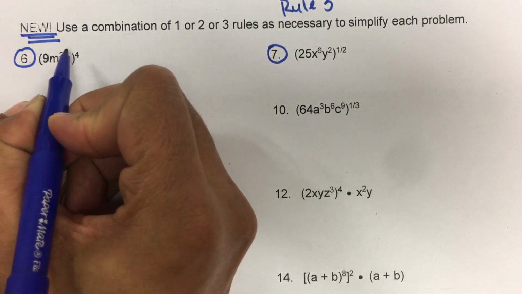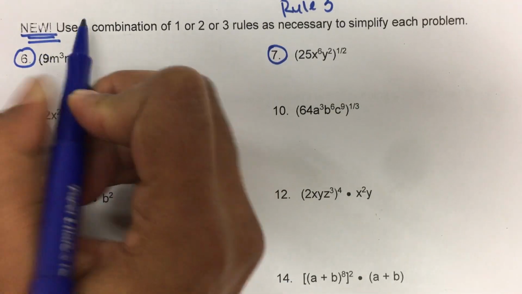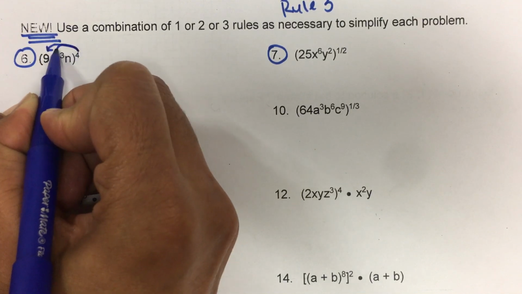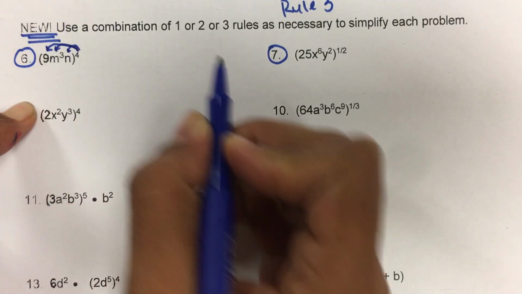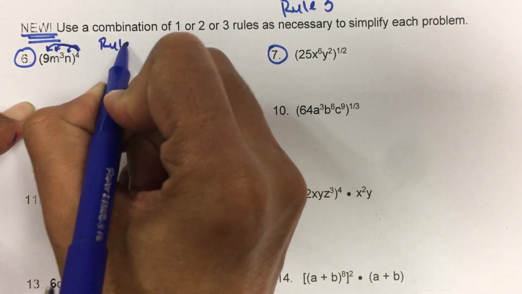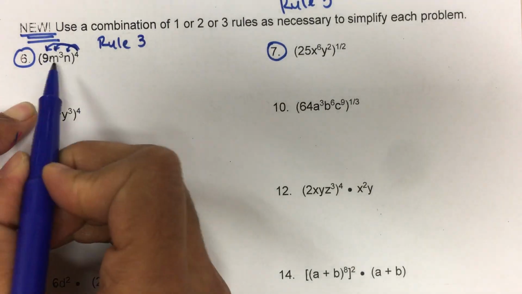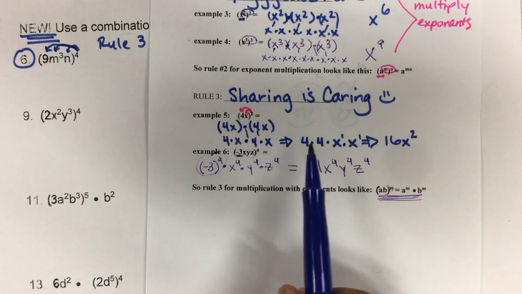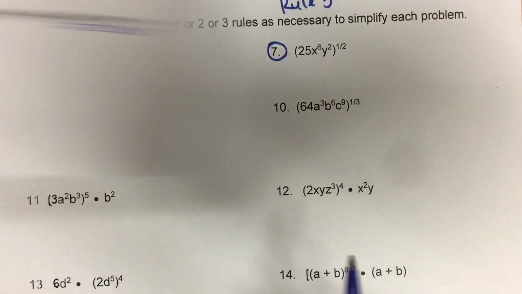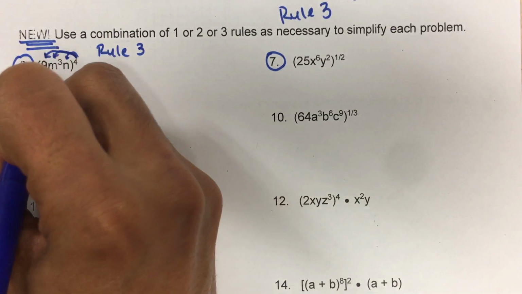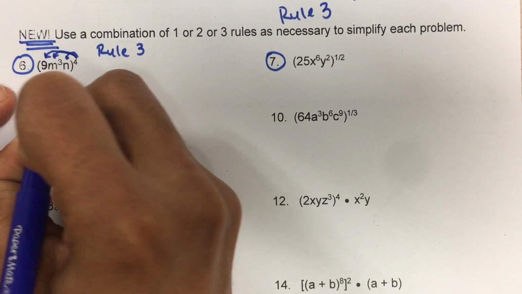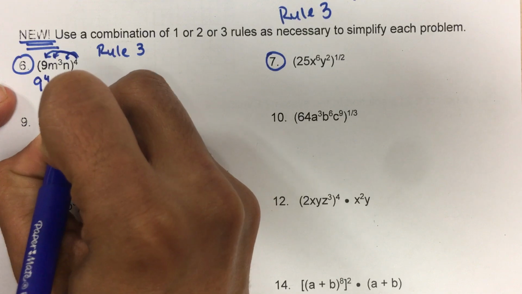So we're going to do sharing is caring. Everybody gets, this is rule 3. Everybody gets to use that 4. We are doing the sharing is caring rule. Okay, so 9 to the 4th power times m to the 3rd.